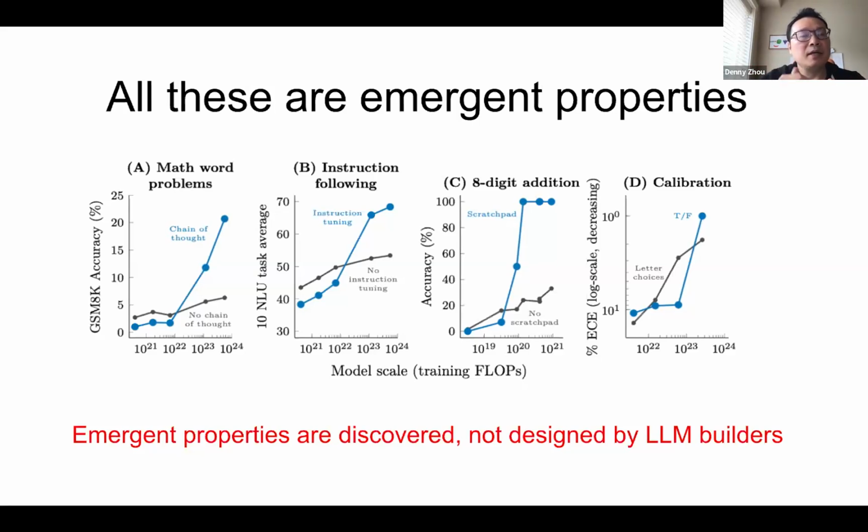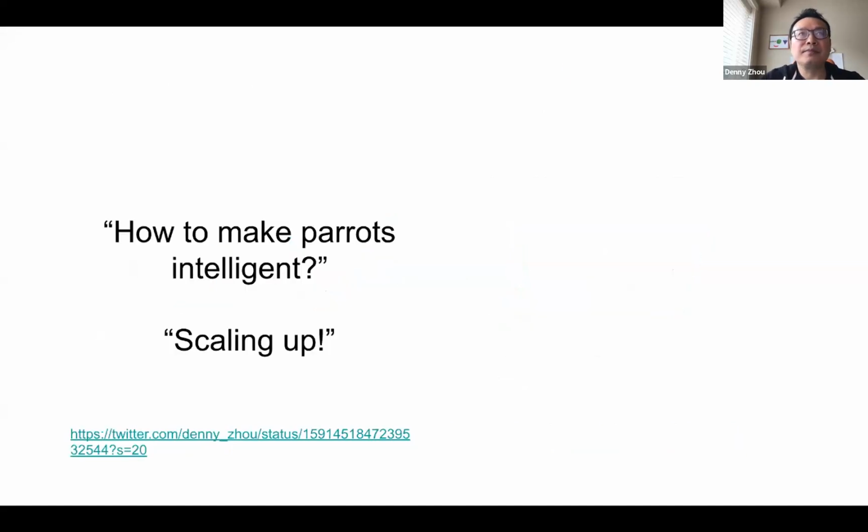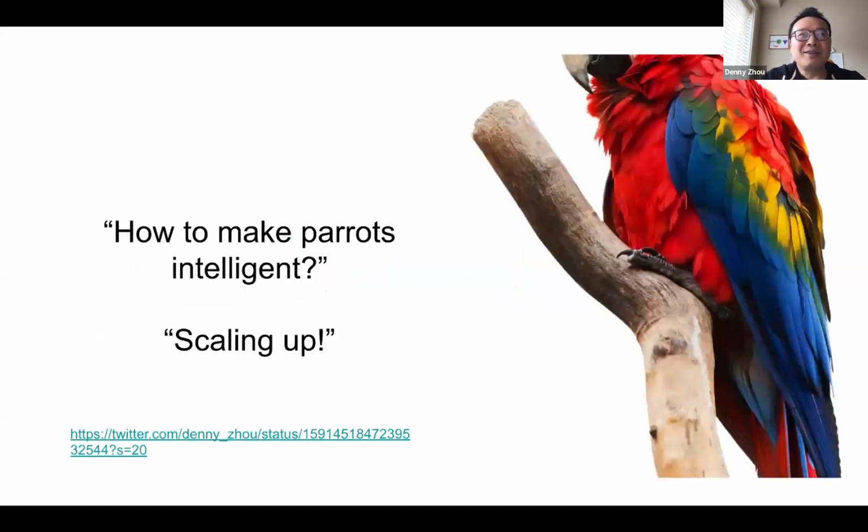That means every time we find a new large language model, probably the most interesting thing is to discover new emergent properties. Those are not designed by the developers or builders. They need very creative thinking about those properties. And also, I asked my team members how to make parrots intelligent. They said scaling up. That's the answer I expected.